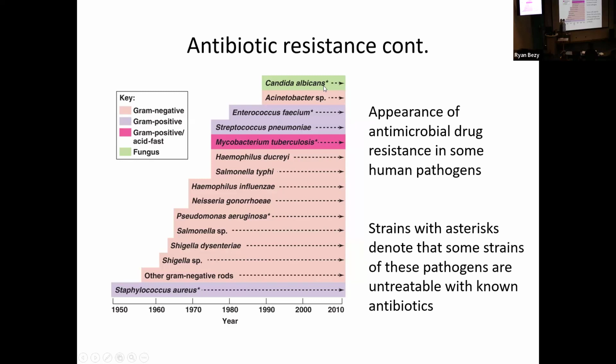But there are some varieties of these pathogens, substrains of these pathogens that are resistant to all antibiotics that we know of and use to treat disease. So they're not just resistant to one kind of antibiotic. There's some versions of these pathogens circulating around that are resistant to multiple antibiotics simultaneously, including many of the ones that we treat disease with now. And so these can sometimes create untreatable infections.